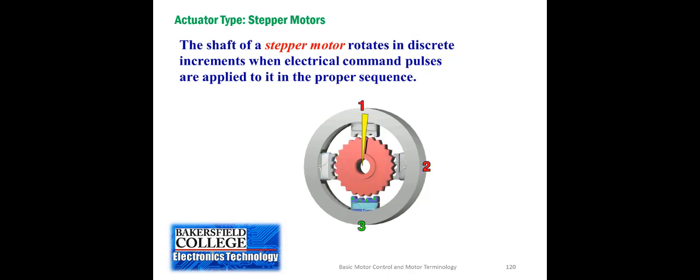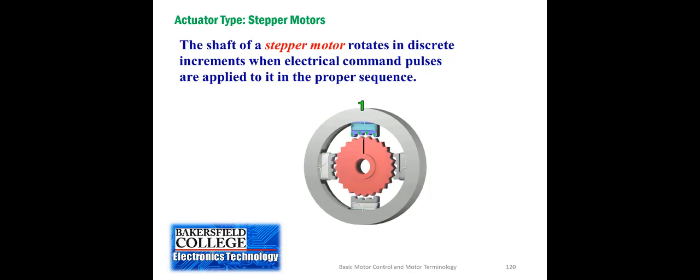So if we energize the coils in a particular order, then the rotating part, the inside of the motor, the armature, is actually going to follow that magnetic coil movement, as you see on this animation.